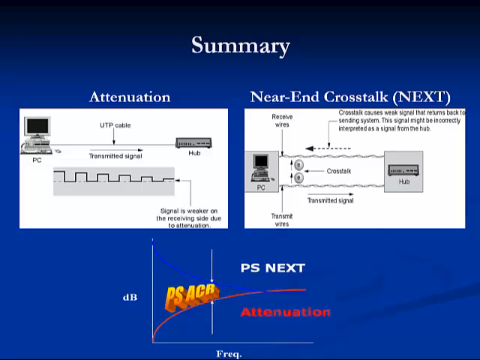Finally, attenuation to crosstalk ratio, or ACR, also known as headroom, is the difference between attenuation and near-end crosstalk. ACR is the best measurement of performance capability in copper cabling systems. We also discussed far-end crosstalk, power sum near-end crosstalk, power sum far-end crosstalk, propagation delay, delay skew, and return loss.